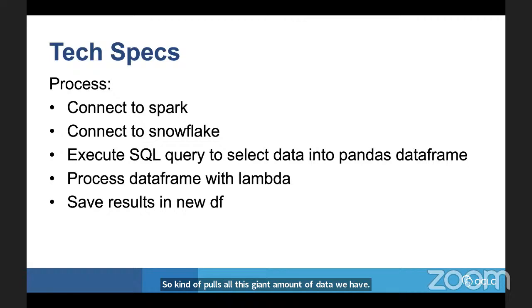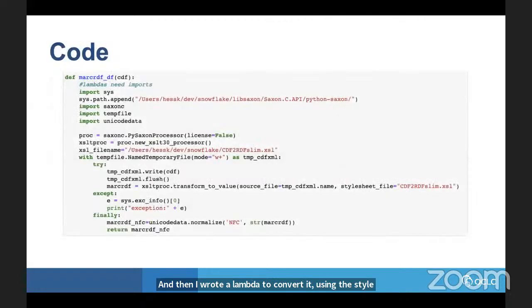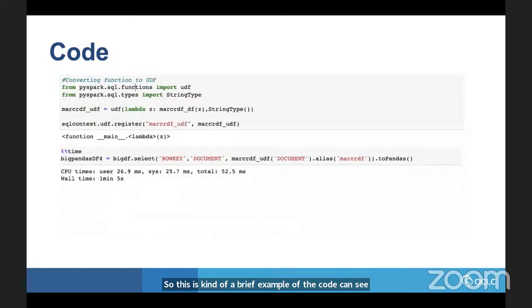So I was going to go over the process real quick. You connect to Spark and Snowflake, you do a query to get the data into pandas, and then I wrote a Lambda to convert it using this style sheet into a data frame. This is a brief example of the code. You can see I'm using Saxon to do the style sheet processing. Here is the actual Lambda function.